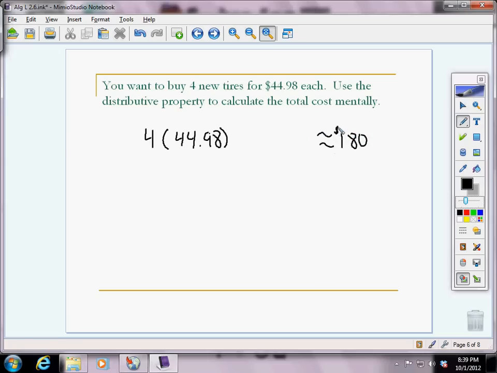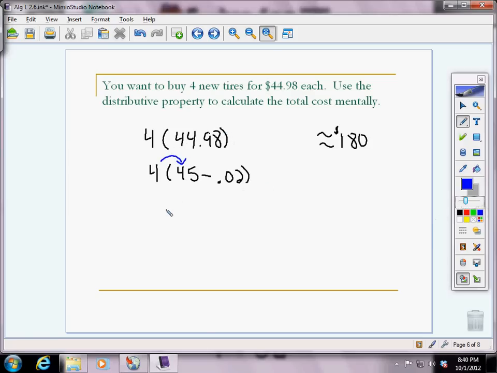And you'd be right. But we can figure this out without coming up with an approximation. Notice that $44.98 is really close to $45. In fact, it's just 2 cents less than $45. So if we rewrite $44.98 as 45 minus 2 cents, and then multiply it by 4, we can use the distributive property in our heads to come up with this.